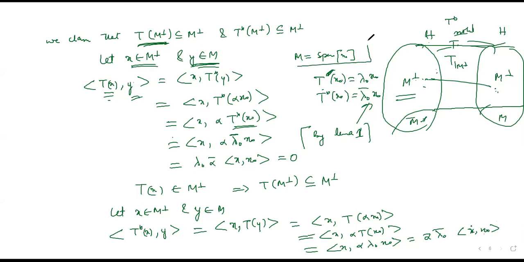Because M is the span of X naught, that would be 0. Which would imply that T star X जो है वो M perp में है, and hence T star of M perp is contained in M perp.